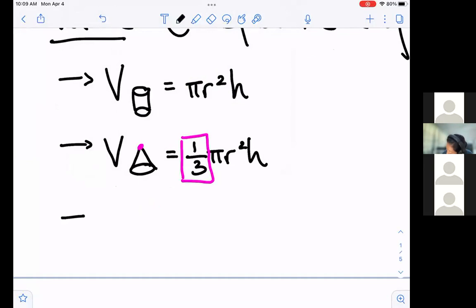All right, one more common shape we see. So we have the volume of a, what shape is this? It is not a rectangle. Close. We wouldn't call this a rectangle because a rectangle is in only 2 dimensions.